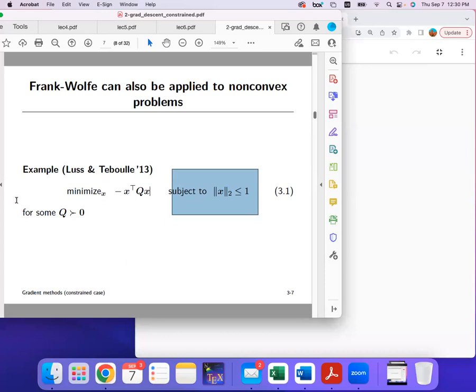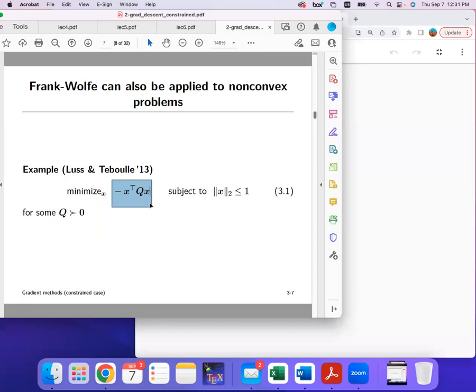And the interesting part is that here we assume Q is positive definite. Therefore, we know that x transpose Qx is a convex function because Q is positive definite. However, here we have a negative sign. This negative sign makes the entire objective function concave. It is a strongly concave function.